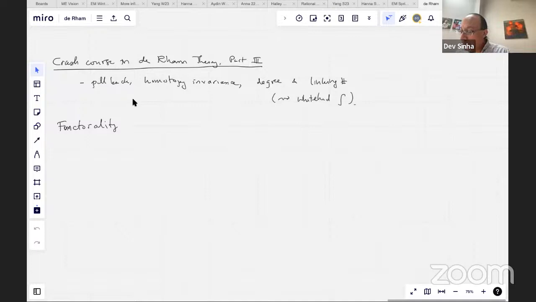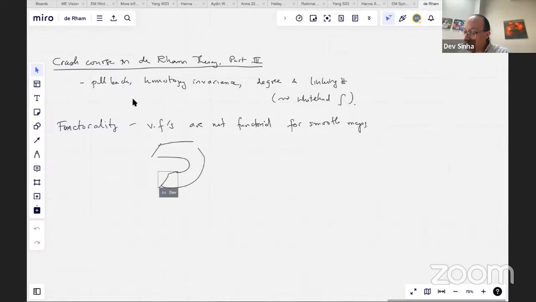So the starting point is actually in the negative, that vector fields are not functorial for smooth maps. So you can imagine having a vector field on some surface.